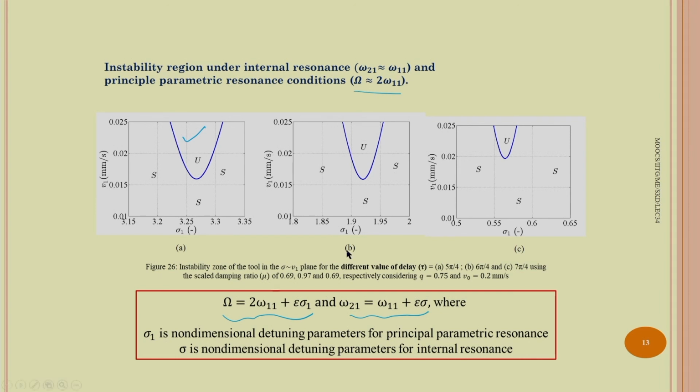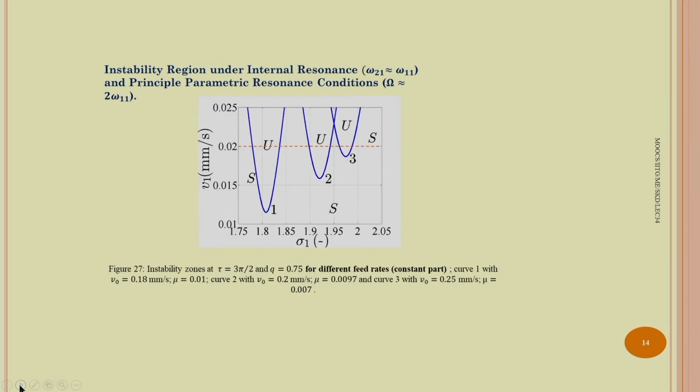So, taking different delay conditions, one can obtain this instability region and the operator will get a sense of how to operate at a system parameter where the system will not have any vibration or there will be no chatter in the system. So, the instability region under this internal resonance condition for principal parametric resonance is studied here.